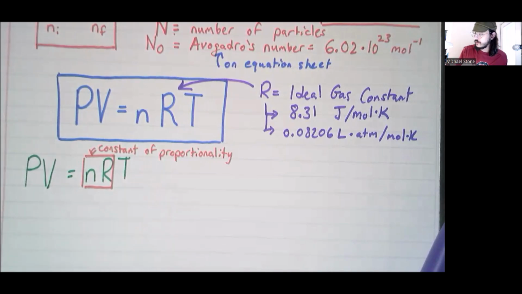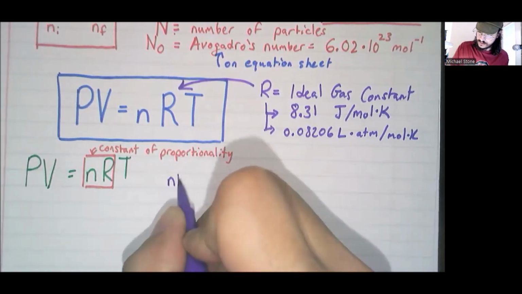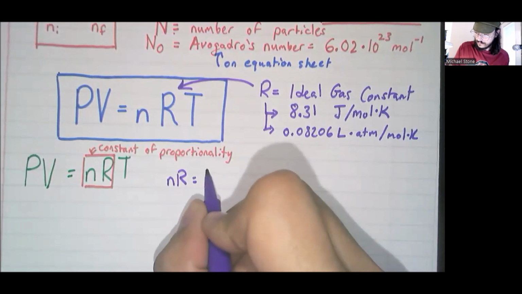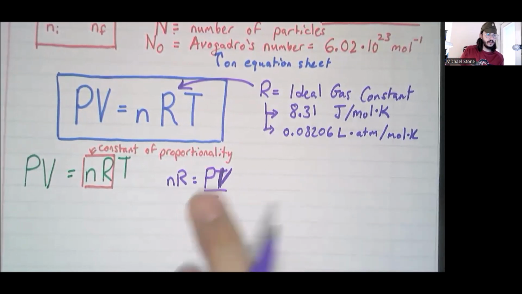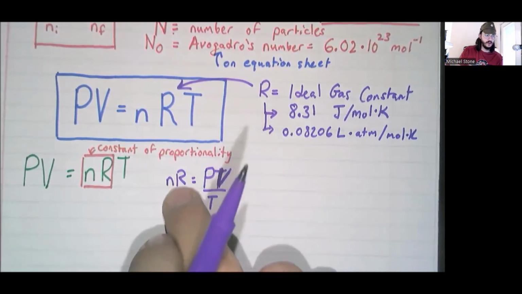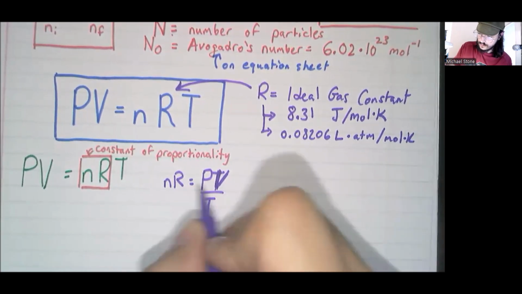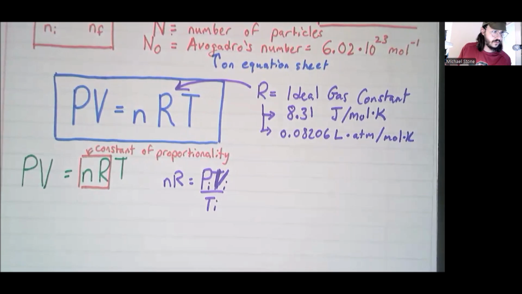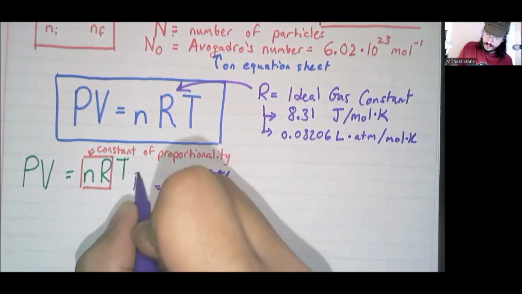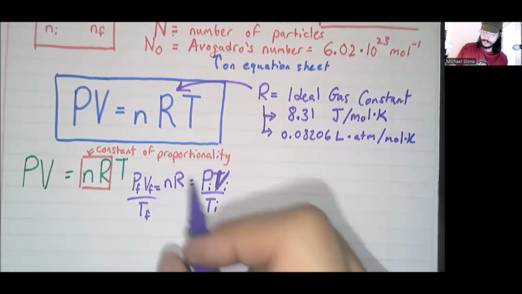So if that's going to be our constant of proportionality, it will be the thing that remains true even if the rest changes proportionally. So set it off to one side. And we get that this will be true in the before state and the after state, as long as we don't change the amount of gas or what universe we're in. So if the initial values are equal to that, then the final values are equal to that.